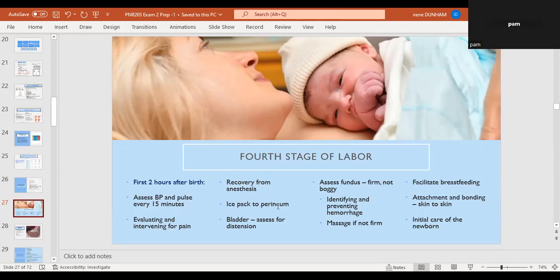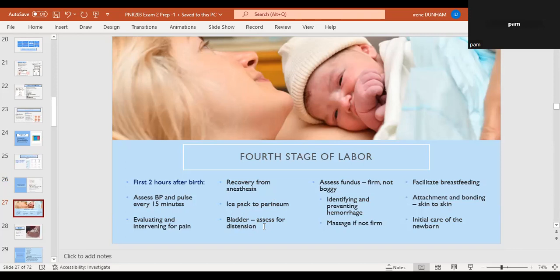Always put an ice pack to the perineum. And again, because no matter what, you had a head that came through that very soft tissue. And so it will get edema and it will get bruising or ecchymosis. So you want to put a nice ice pack. And bladder. We always assess for distension because you give a lot of fluids and the bladder does fill up.